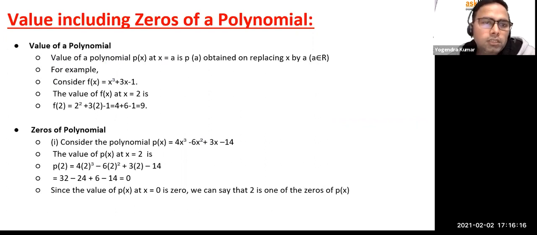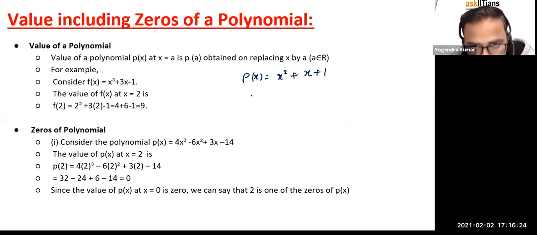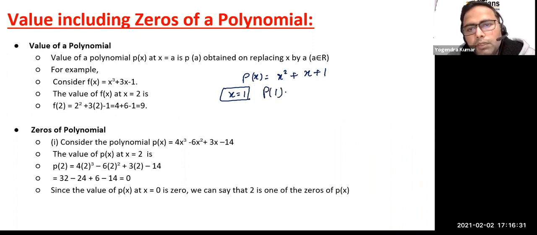How do we say the value of the polynomial? So suppose some polynomial is there, p of x, which is x square plus x plus 1, suppose, right? If I substitute x equals 1, what do we get? P of 1 is equal to 1 square plus 1 plus 1, which is 3. So what is P of 1?